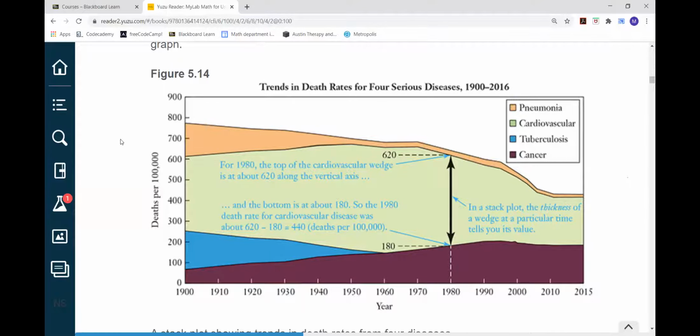Pneumonia is going down. What about cardiovascular? That went up. That definitely went up. Yep. I think these are pretty realistic too. Cardiovascular definitely went up. Probably all that sugar that they started promoting. Oh man.